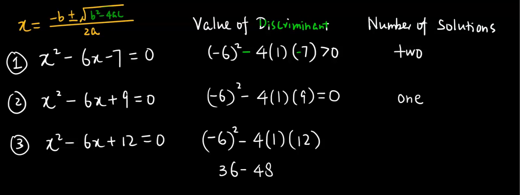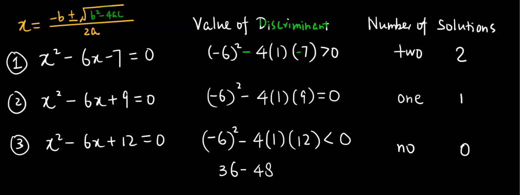You can stop right here because you can see it is less than 0. You can say no solution. No solution means the number of solutions is, this is 2, this is 1. Since I have no solution, the number of solutions is 0.